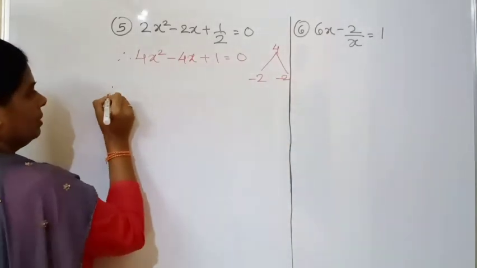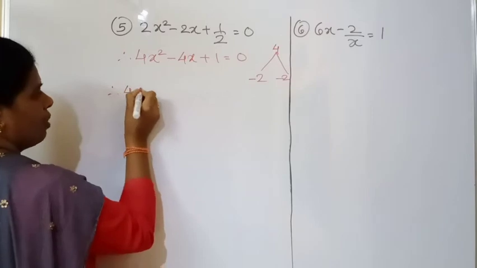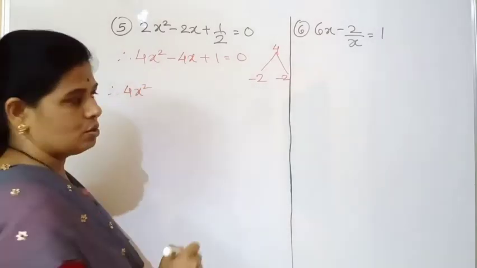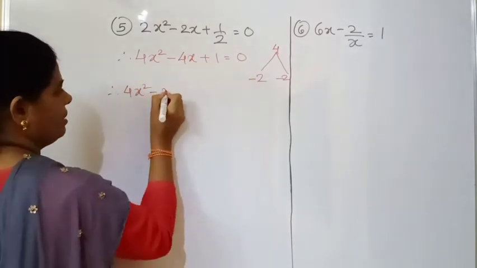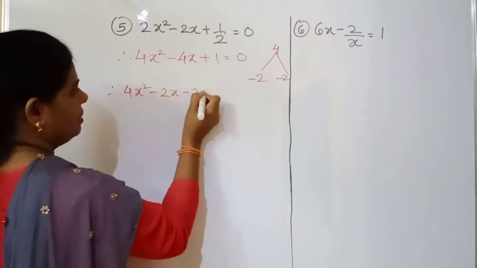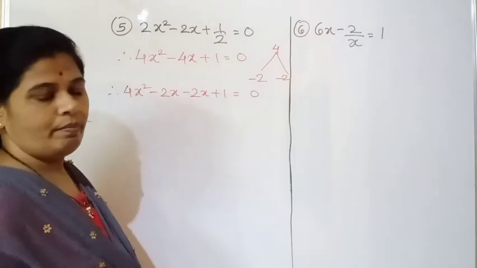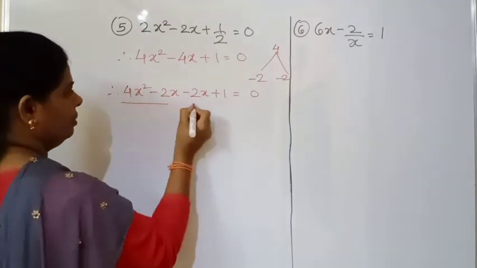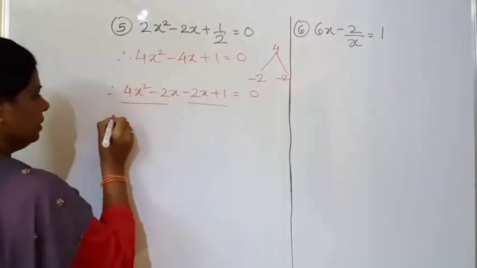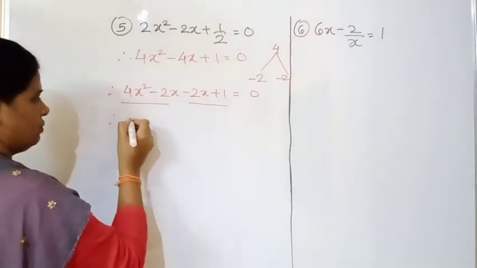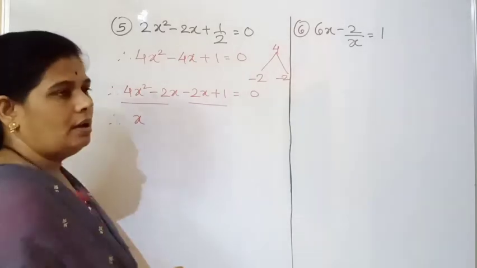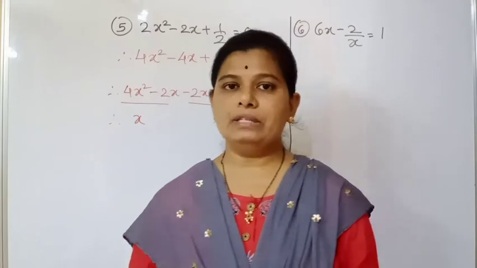Now we will write the factors properly, that is 4x square, then minus 2x, plus 1 equal to 0. Now we will divide this into 2 parts. Now what is the common? First of all, x is common. Now the number we have to take as common.